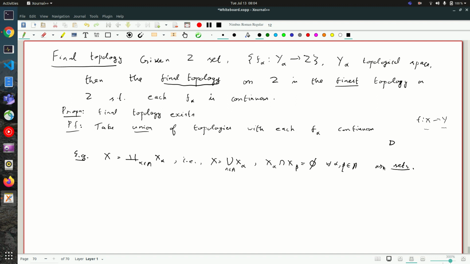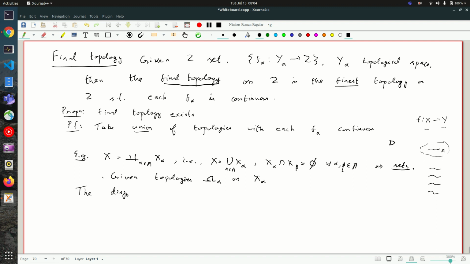So suppose this is again dual to our subspace, except that here we have more data. In the subspace we had a space and we wanted to put a topology on the subspace. Now we have a set consisting of lots of spaces, and we are given topologies on X alpha. If you wish, you can call them omega alpha. As usual, they'll be suppressed from the notation on X alpha.